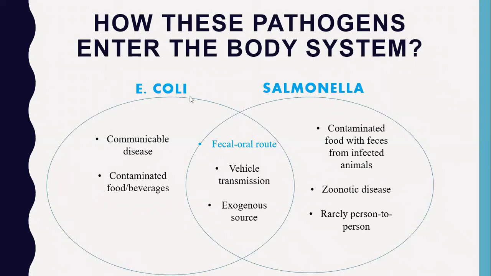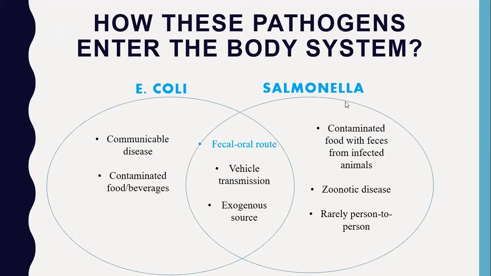Therefore, E. coli is a communicable disease which spreads person to person, for example, by not washing your hands properly, and by handling contaminated food like undercooked beef, soft cheeses from raw milk, and contaminated beverages like water.